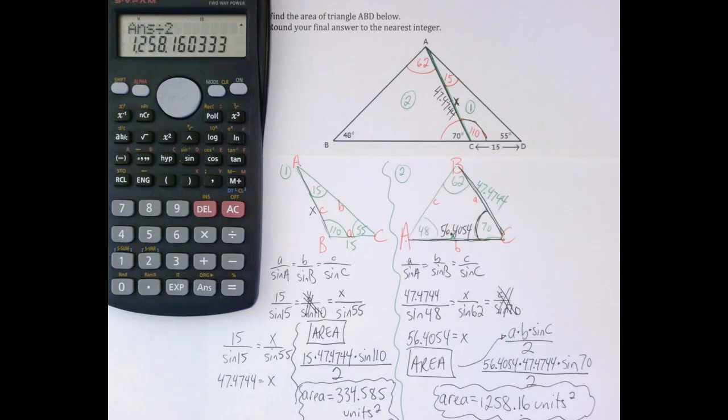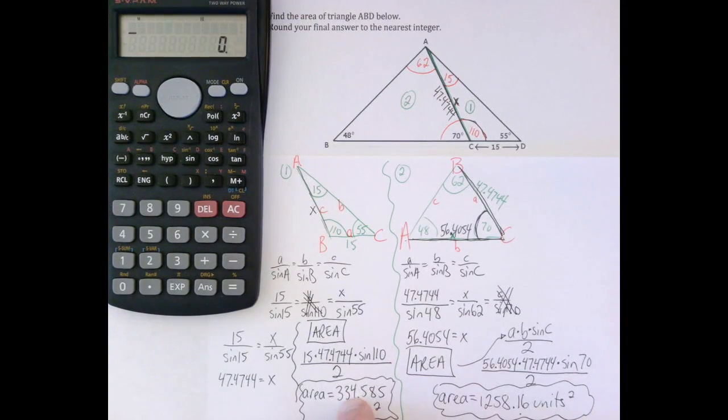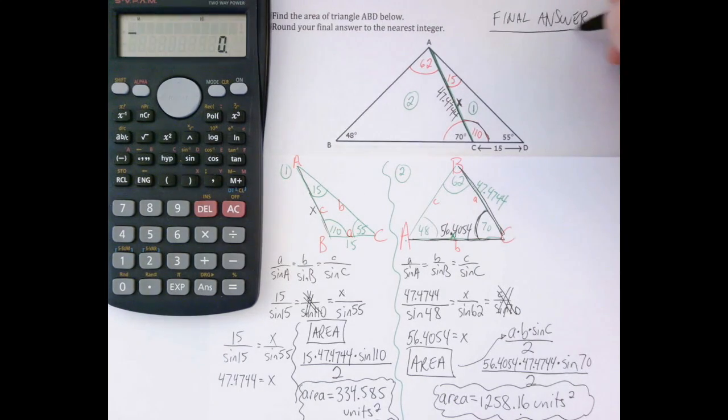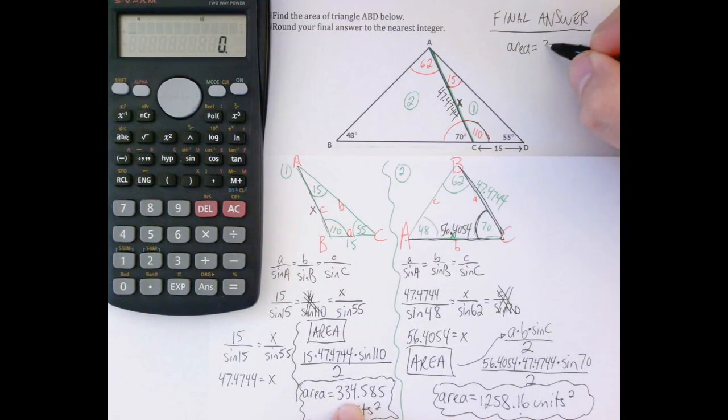Now the question's asking for the total area. So I'm going to take area of triangle 2, add it to the area of triangle 1 to get my final answer. So here, as a final answer, I'm going to have area is going to be 334.585 plus 1,258.16.